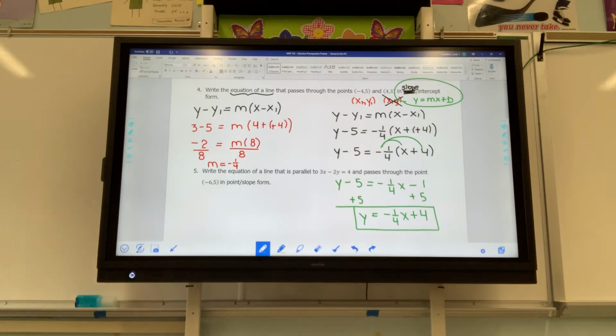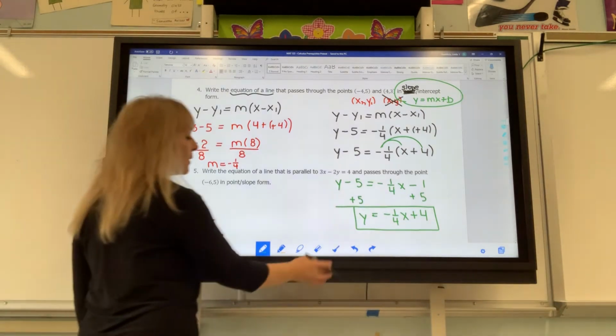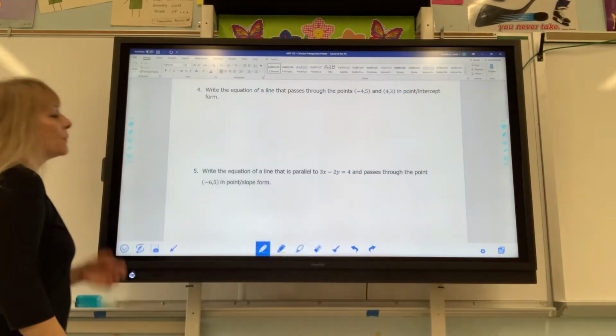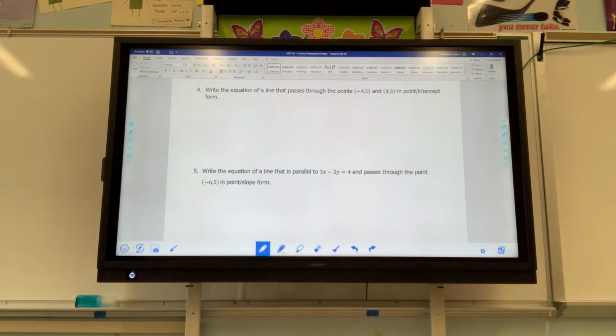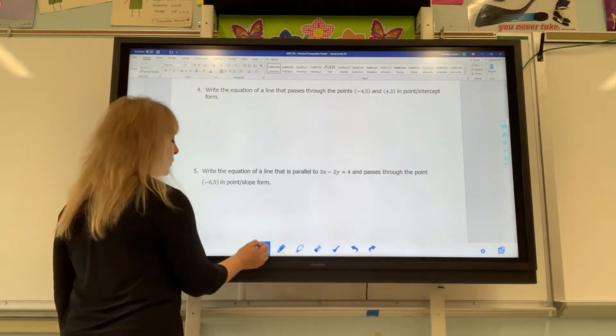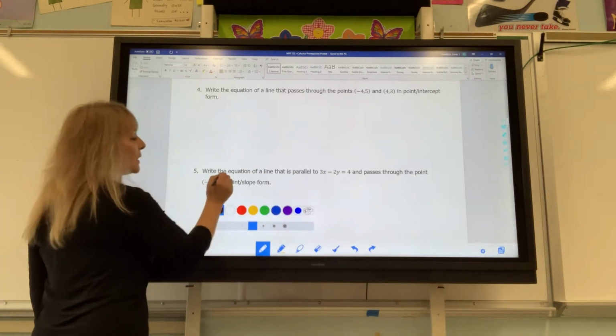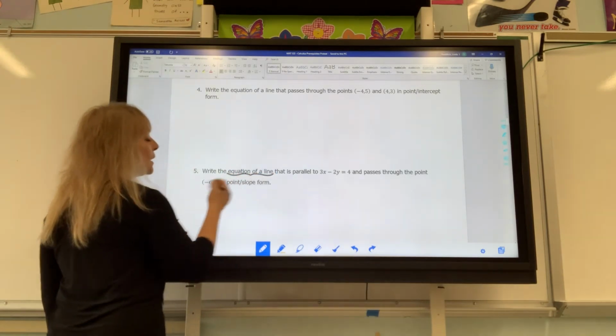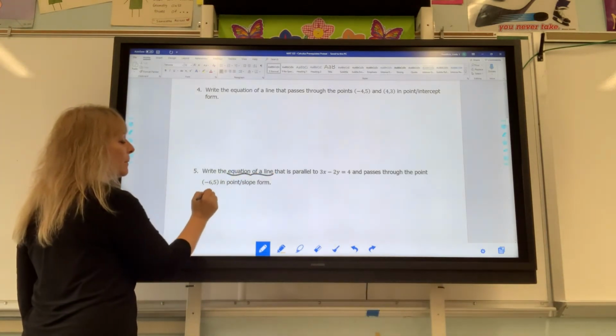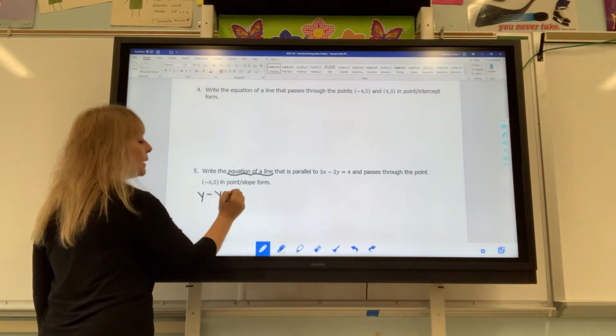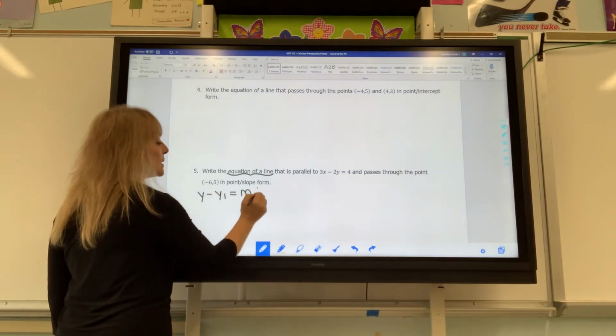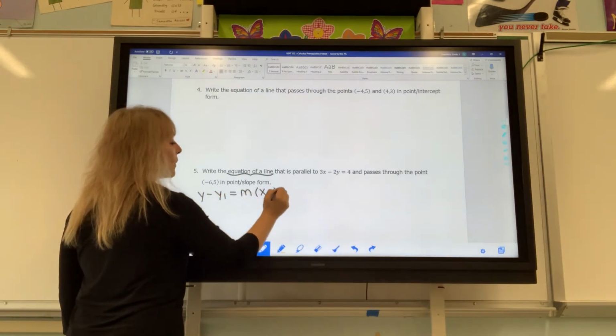Okay, so I will erase this whole thing so that I have room to do question number 5. Okay, write the equation of a line that is parallel to. So before I start, they want the equation of a line. So I like to start off with y minus y1 equals m parentheses x minus x1.